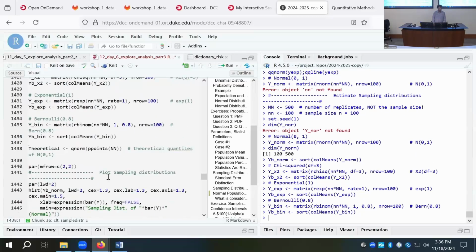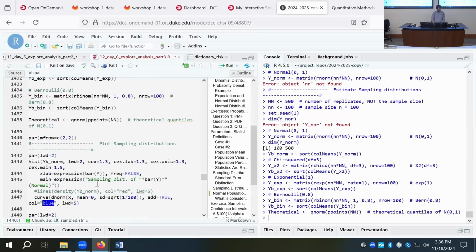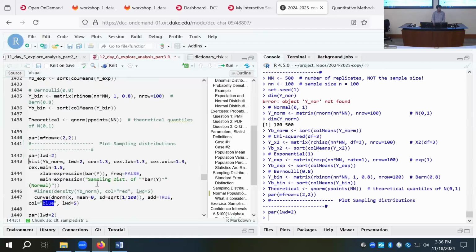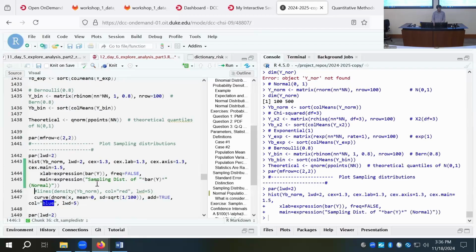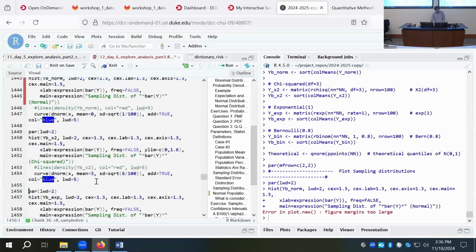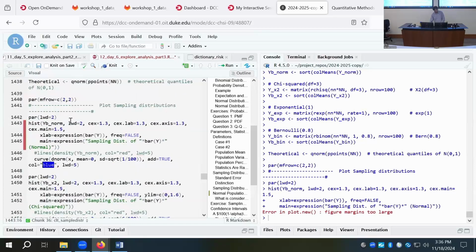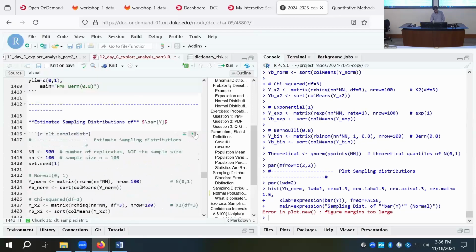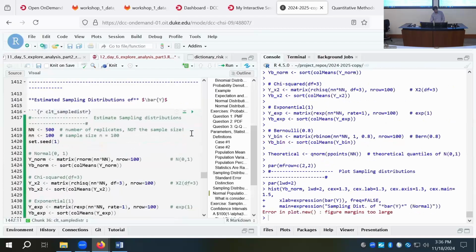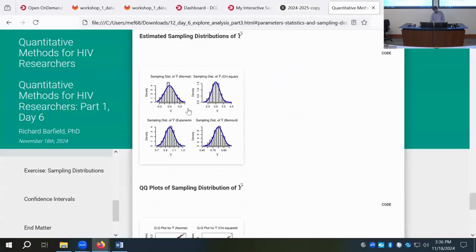And then I'm going to get some theoretical quantiles, and we're now going to plot this. So I'm just going to run this all at once. Figure margins too large.